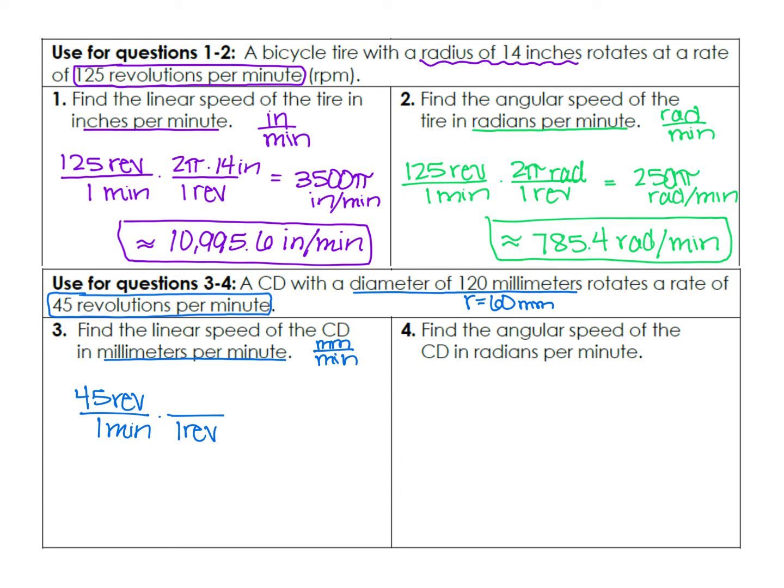If you just wanted to use 120 pi for pi d, or 2 pi times 60 millimeters for 2 pi r, either way is perfectly okay to think about it. And then when we type that in our calculator, we end up with exactly 5,400 pi millimeters per minute, which is about 16,964.6.